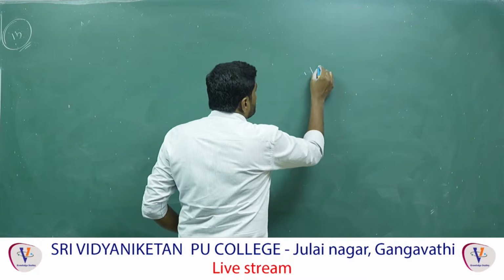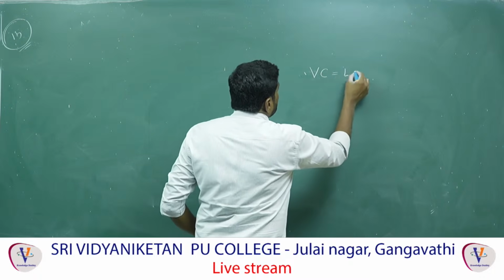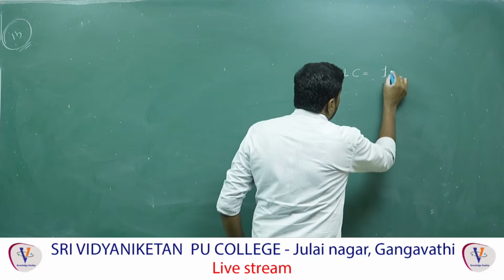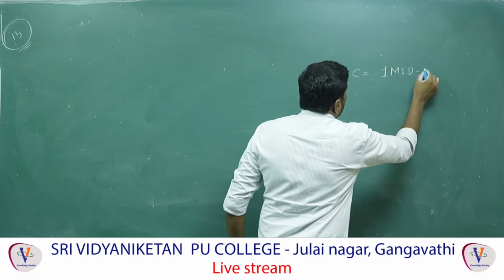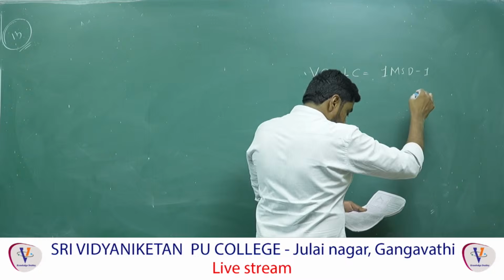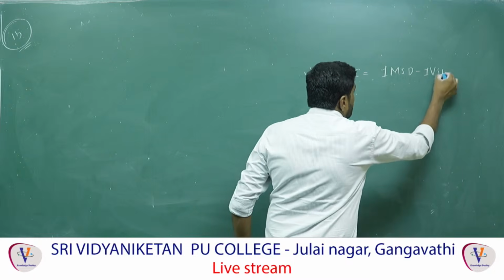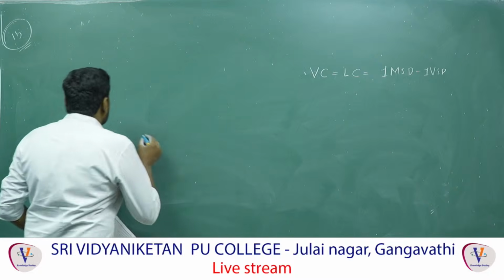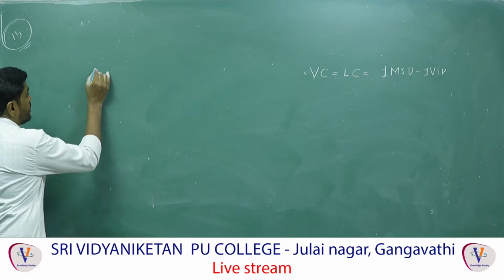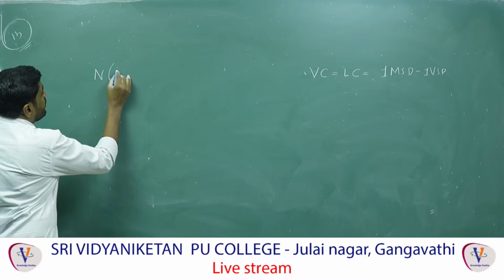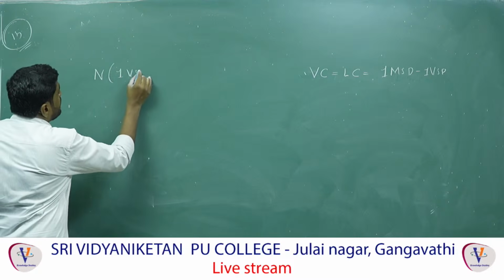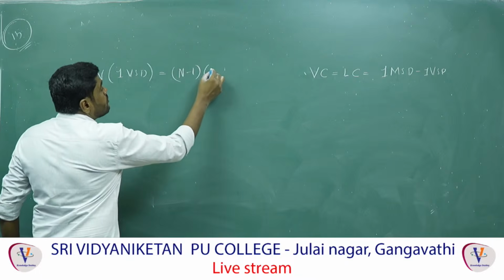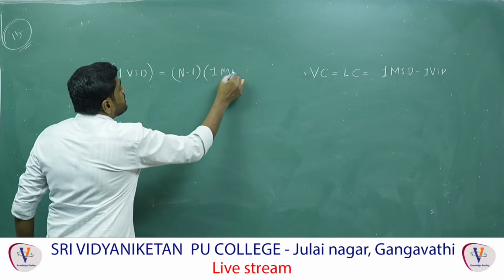The least count is equal to 1 MSD minus 1 VSD. First of all, what is the condition they have given? n divisions of VSD, therefore n into 1 VSD is equal to n minus 1 into 1 MSD.